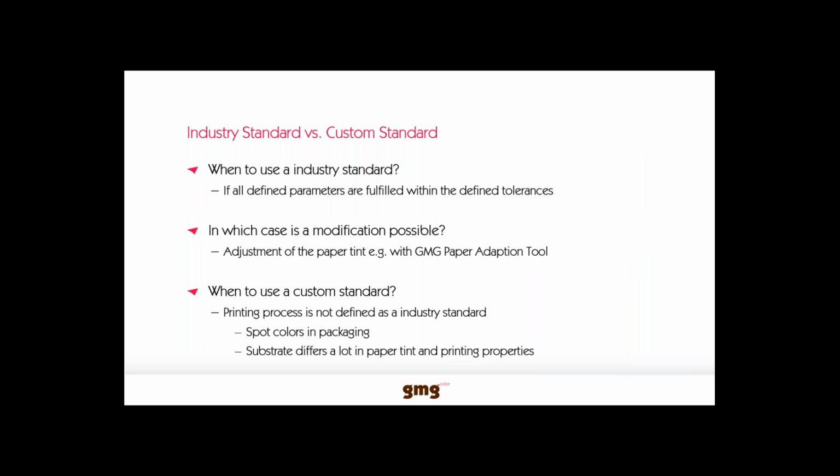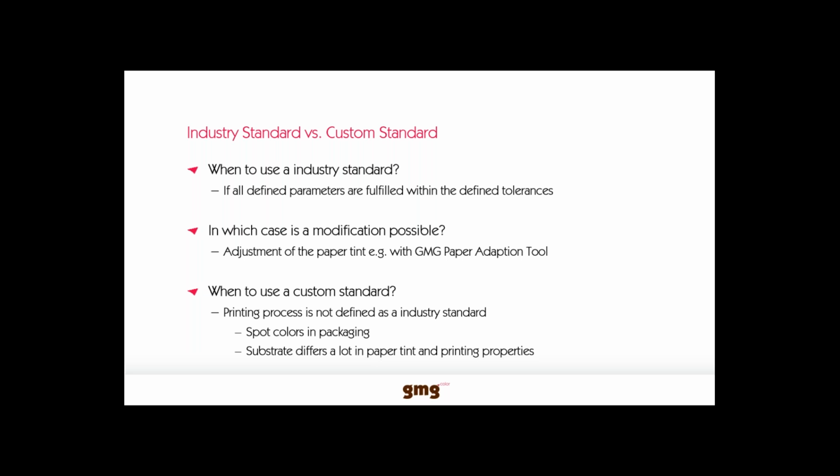In which case can we work with an industry standard, like the ISO or PSO standards, or like Graycole and SWOP in the US, or the PSR profiles in gravure printing, and in which case do we need a custom characterization? You can use an industry standard if you print within the tolerances that are defined in the standard.